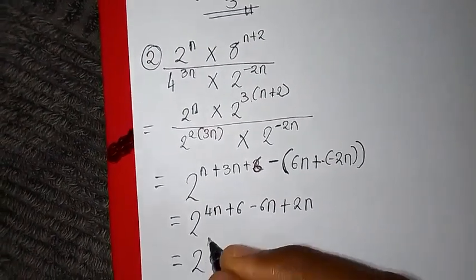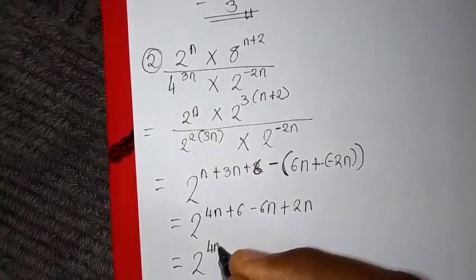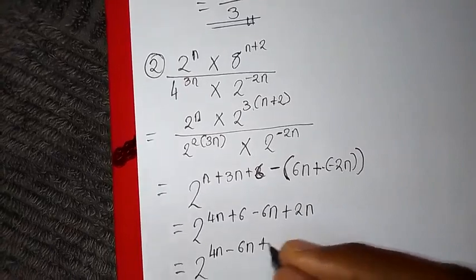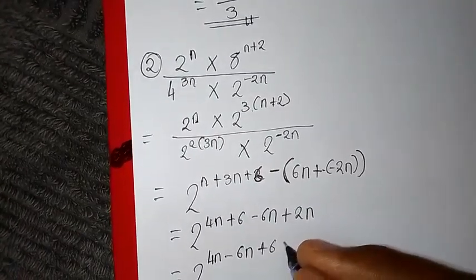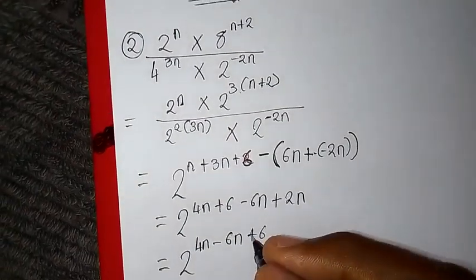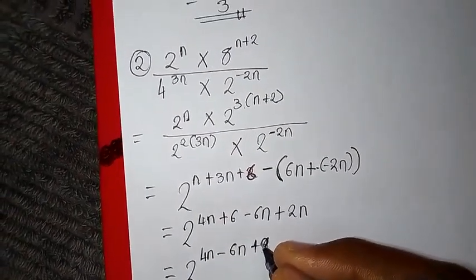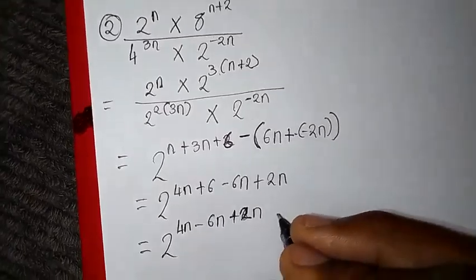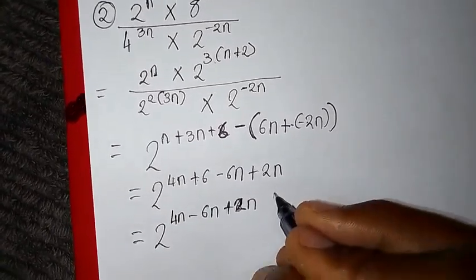So let's group the like terms. So 4n minus 6n plus 6, plus 2n, and the last one is plus 6.